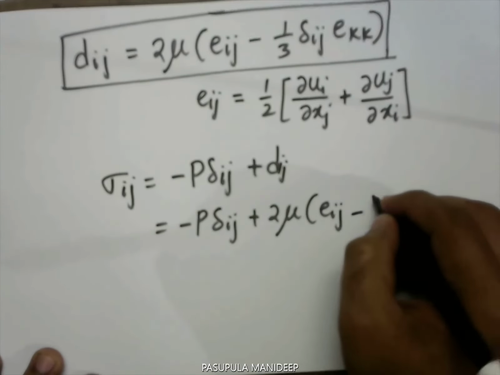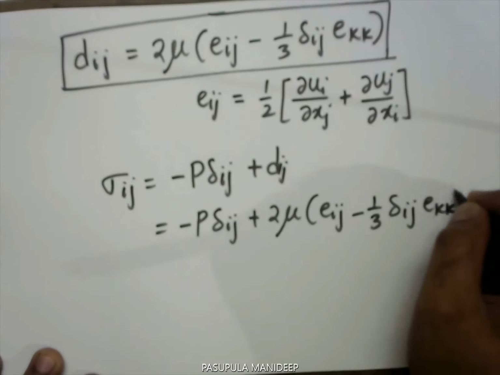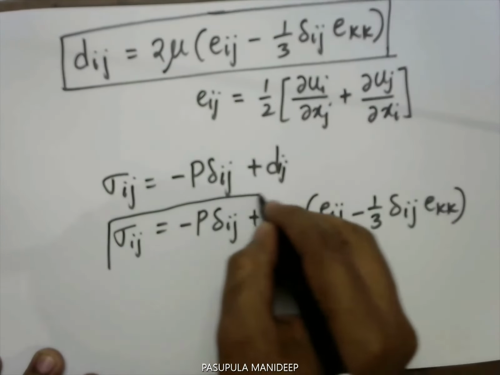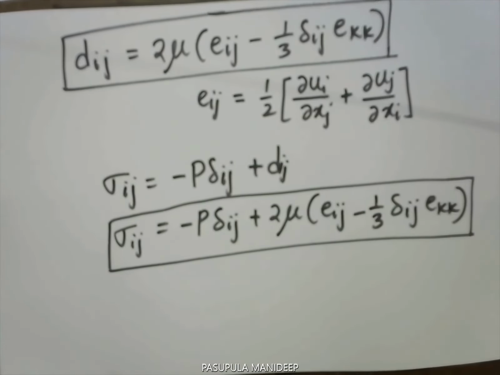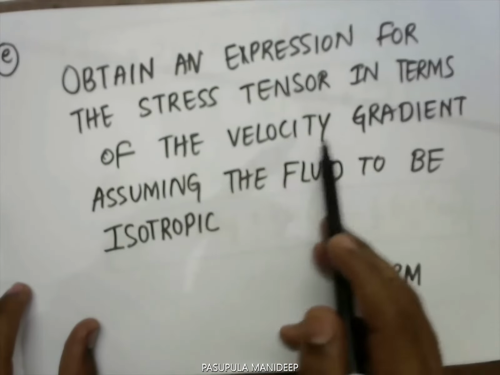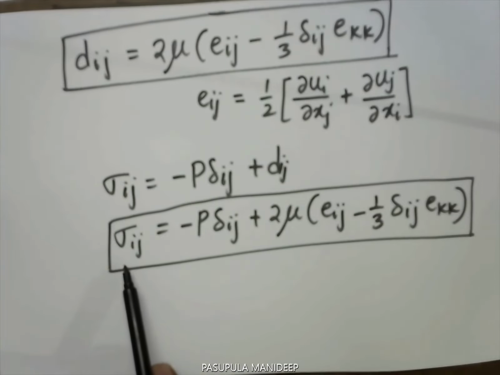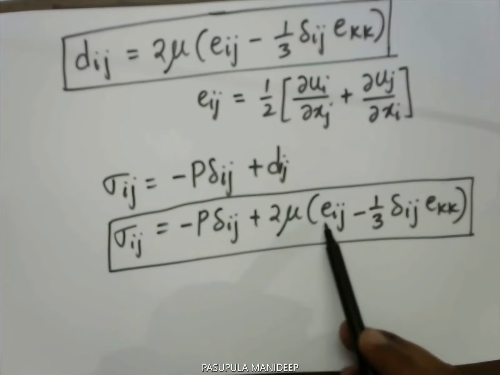So at last we have got the expression for the stress tensor in terms of velocity gradient by assuming the fluid to be isotropic.